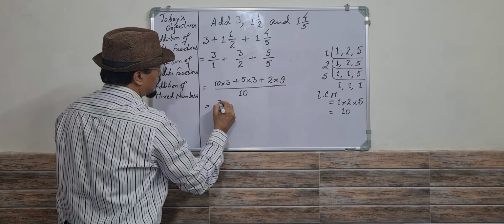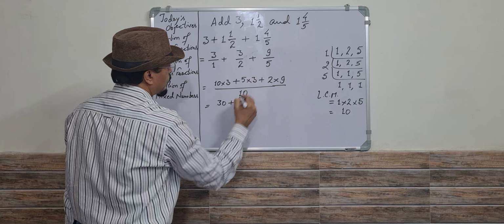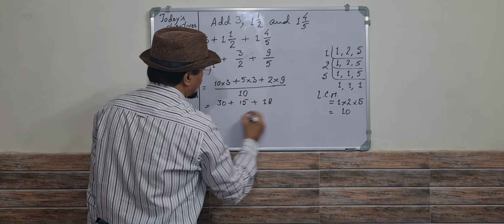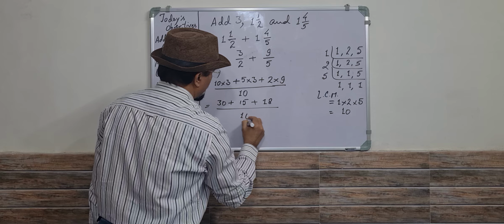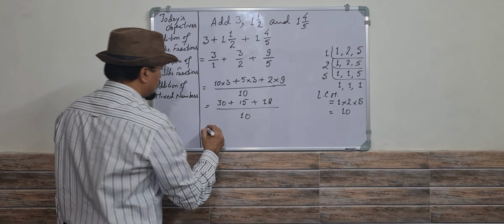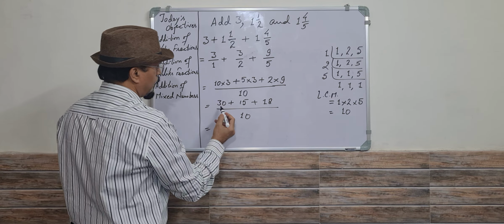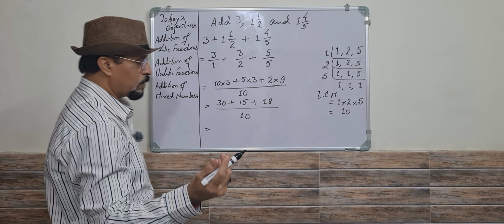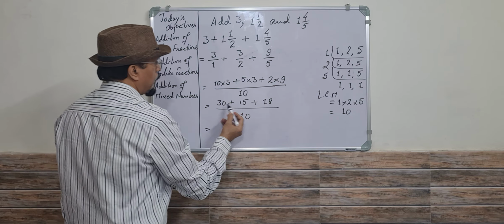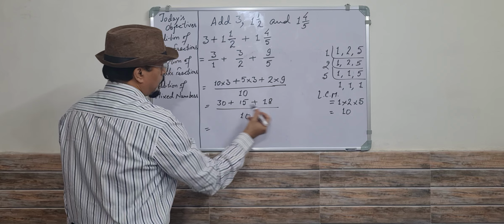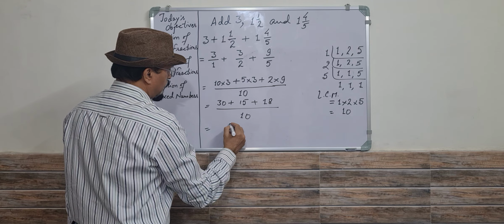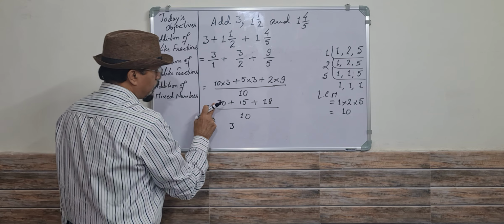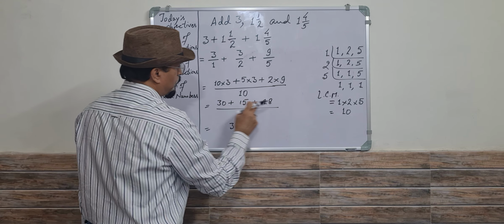So 10 3s are 30, plus 5 3s are 15, plus 2 9s are 18, divided by 10. Now, if I have to add 30 plus 15 plus 18, if you are good at adding quickly, 8 and 5, 13.